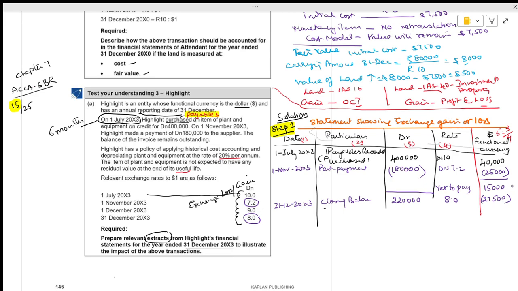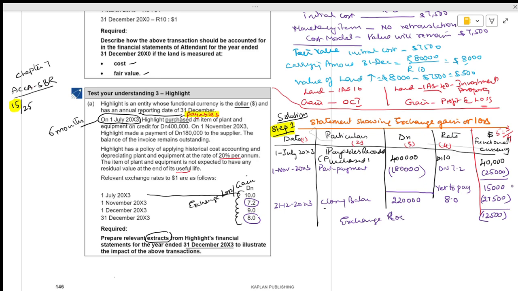But what is happening? See, as per the current rate, as on the rate of 31st December, how much do you have to pay? 27,500. But what balance are you showing? 40,000, means you are going to pay more. Is it right? How much are you going to pay more? You are going to pay 12,500 more. This is called exchange loss.